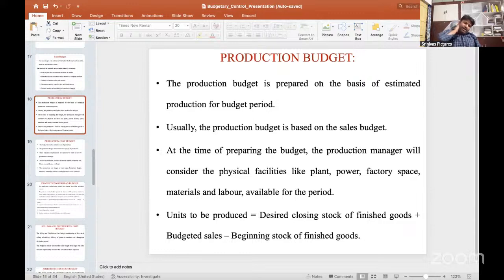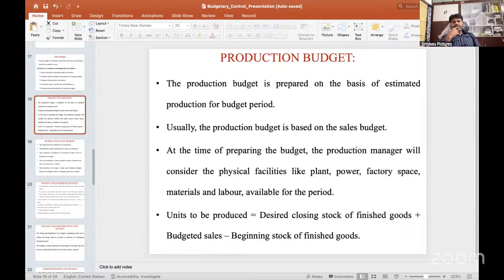If the plant does not work, production is going to stop. So what is the production plant capacity? The plant itself is not enough; to run that plant we require power also. And what is the factory space? What is the material, which type of raw material are we using? What labor is available for the period? All of these are considered.